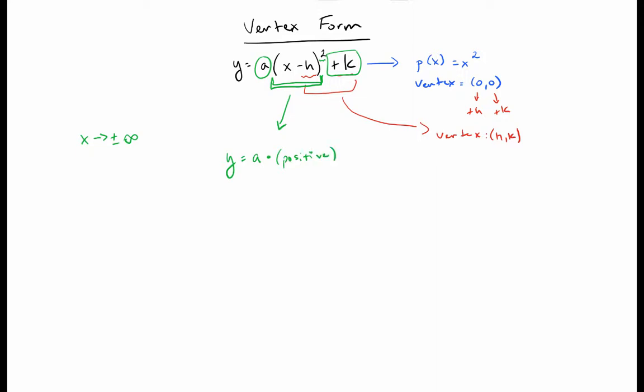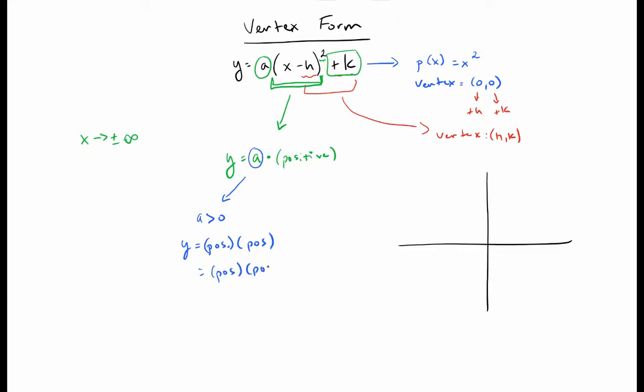Well, that leads us to some interesting results or some predictions that we can make. Okay, so basically we have two cases here. We have the case where our a value here is going to be greater than 0, or positive, in which case we are going to have that y equals a positive times a positive, which means all of our y values will be positive.